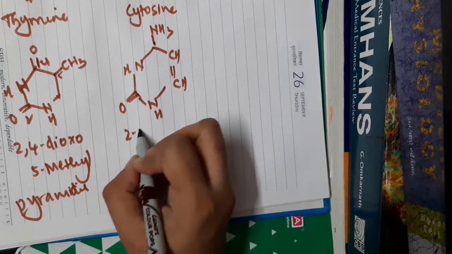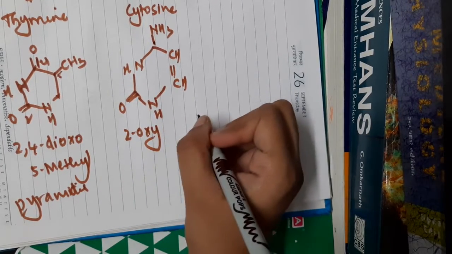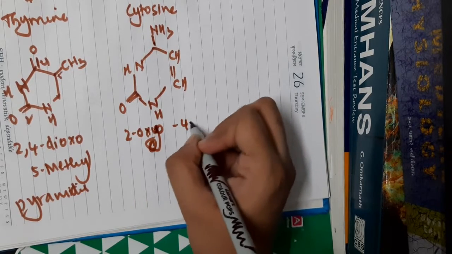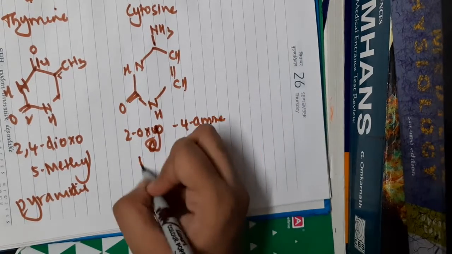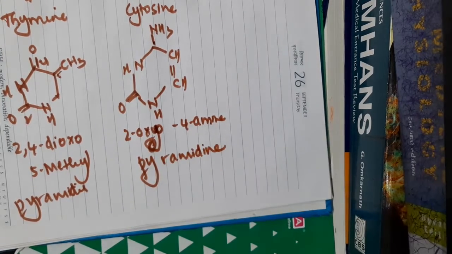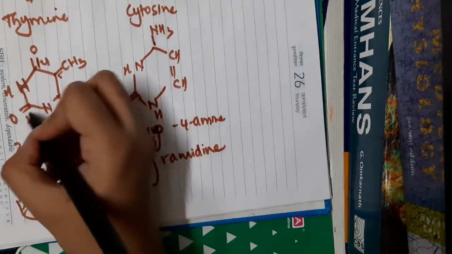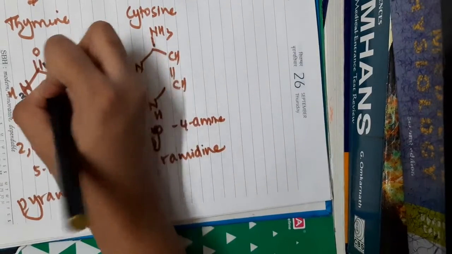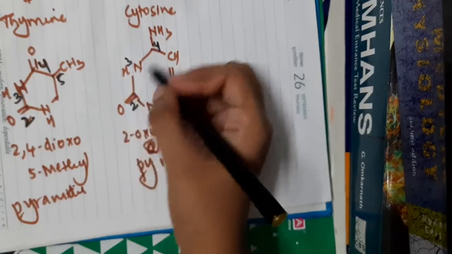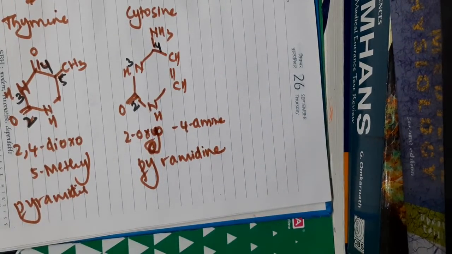So this is cytosine, which is 2-oxo 4-amino pyrimidine. So if you see, this is 2, 3, 4, 5. Similarly, this is 2, 3, 4. So it is 2-oxo 4-amino pyrimidine.